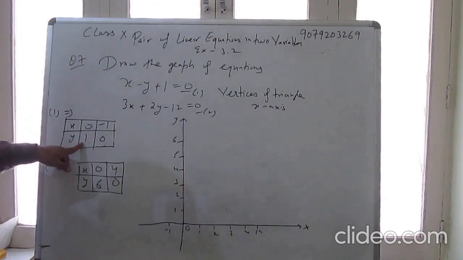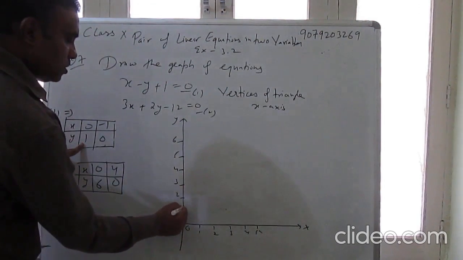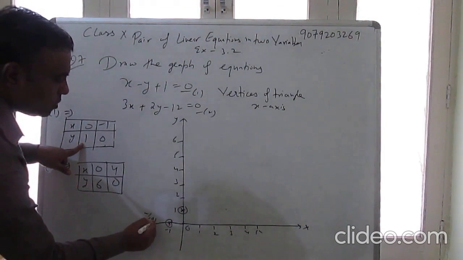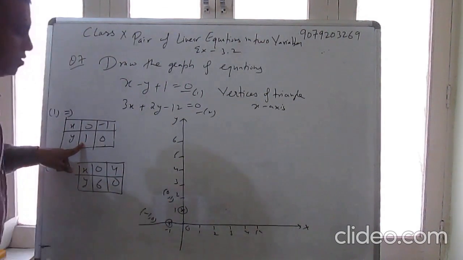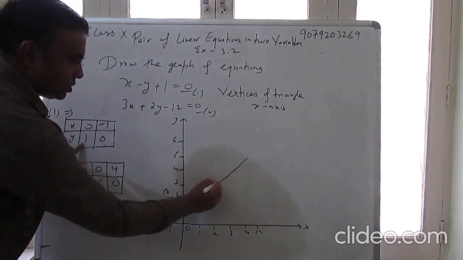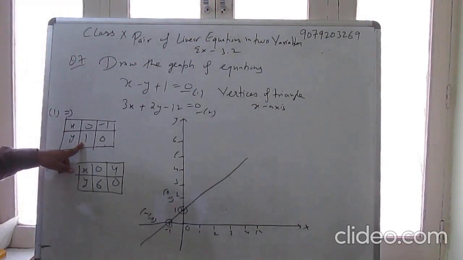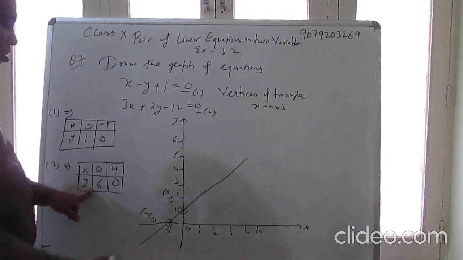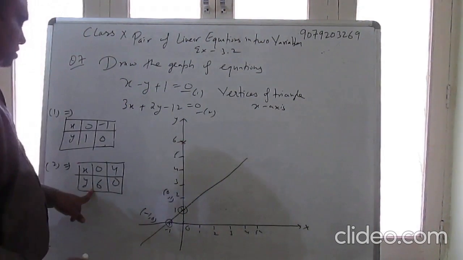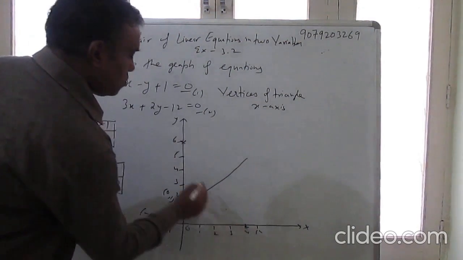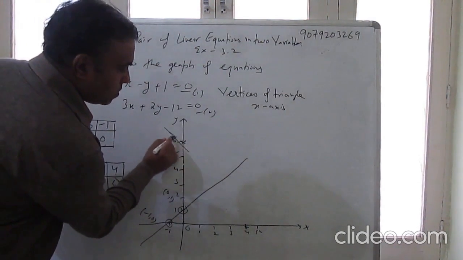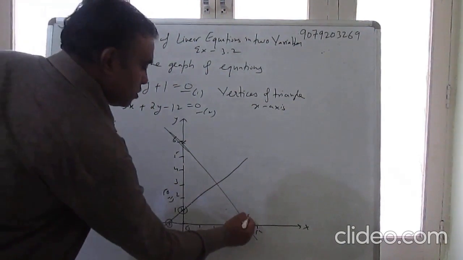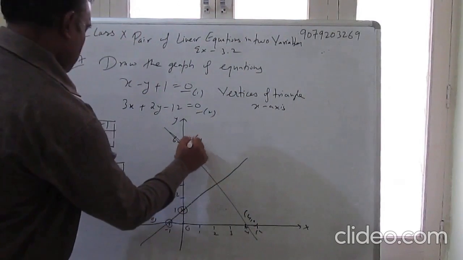Now 0, 1 is the first point, and this is minus 1, 0. Draw a straight line passing through these 2 points. This is equation 1. Now 0, 6 and 4, 0. This is the line.